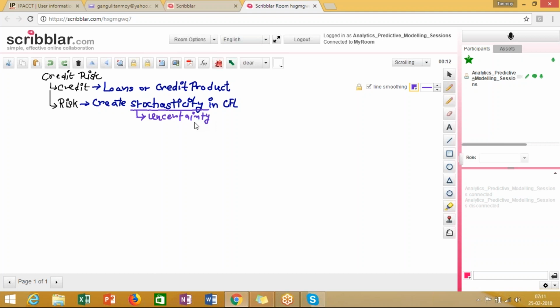So basically, this is what is risk, and the objective of the entire risk management exercise is to minimize the element of this uncertainty. Right.